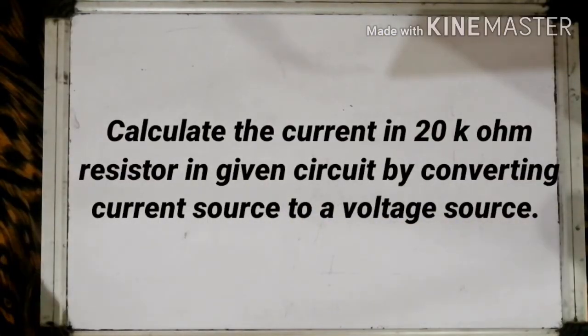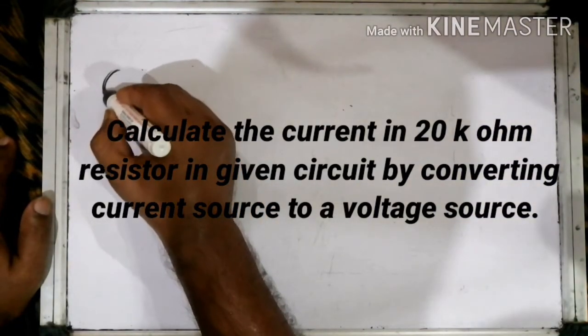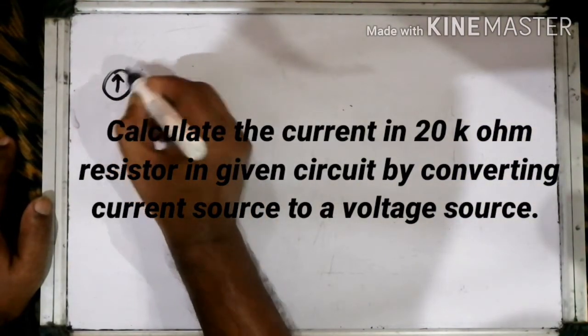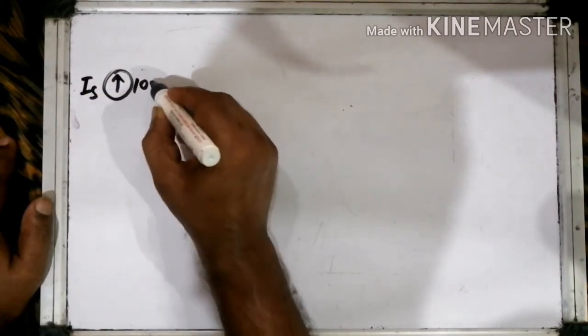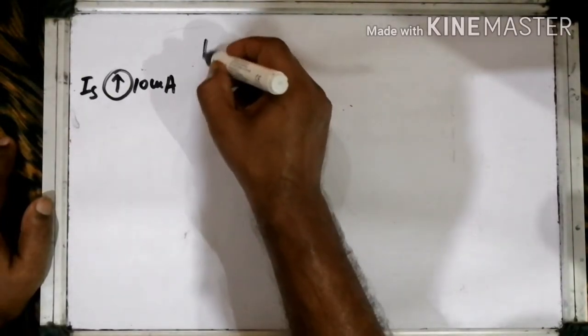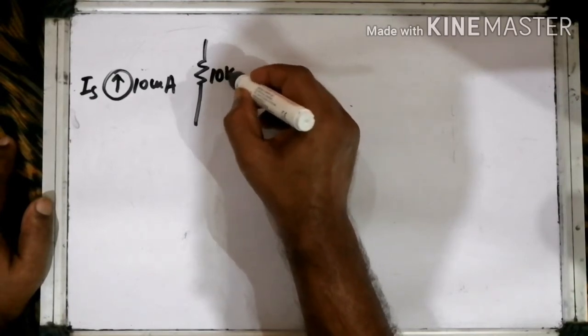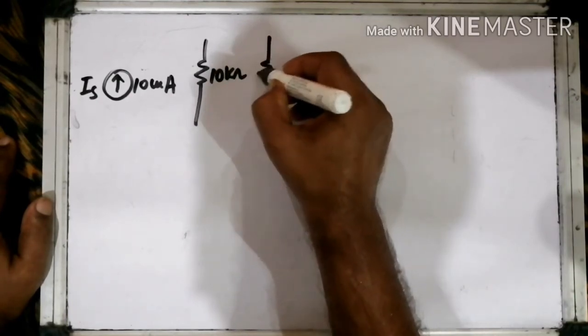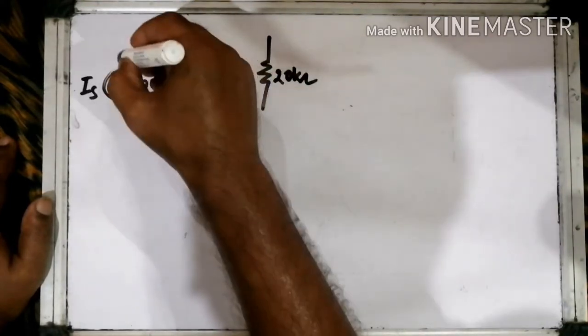Now see the question. Question is that there is a real current source having the value 10 milliampere, right? With two resistances. One is Rn, that is 10 kilo ohm. Second one is RL, that is 20 kilo ohm.